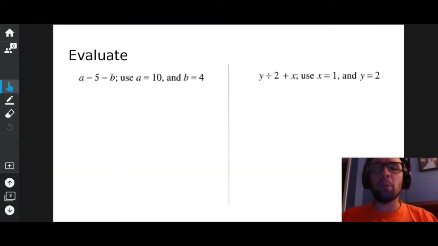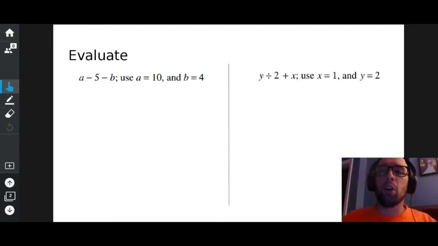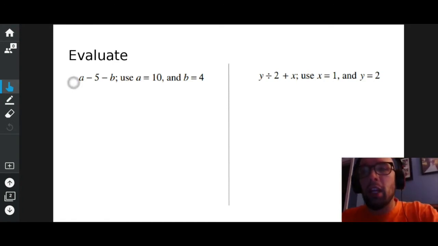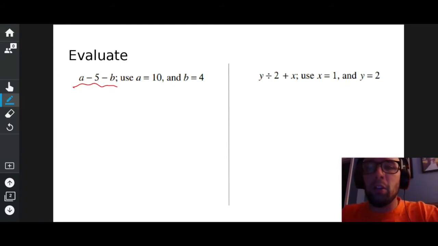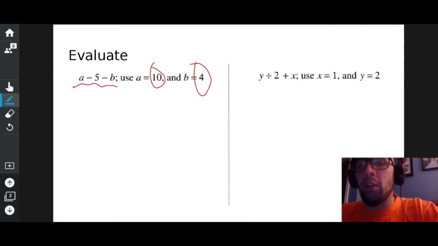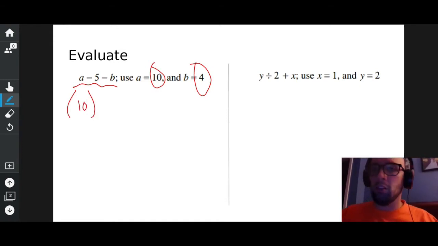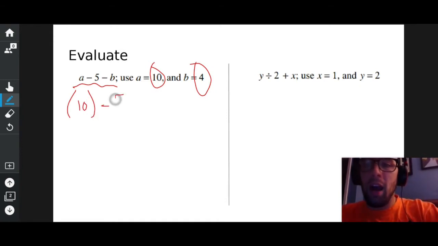This is going to seem a little random, but we're going to evaluate. What evaluate means is you take an expression that you're given, and instead of A and B, you replace it with those values. So instead of A, we're going to plug in 10, and whenever we plug anything in, let's put parentheses there, minus 5 minus B, but instead of B, let's do 4.